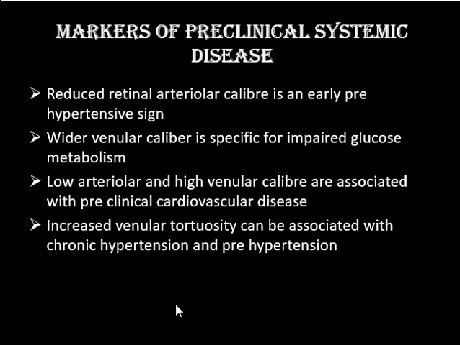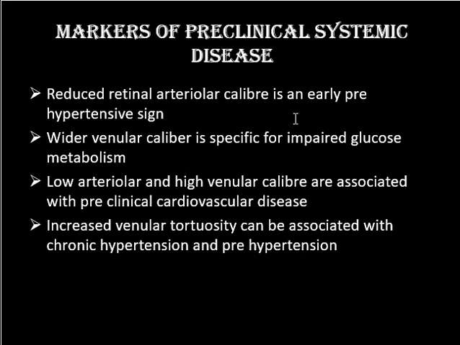Now these are the markers of preclinical systemic disease, the preclinical systemic hypertension. So sometimes you see the fundi of the patients, and they have these features, and you need to refer the patient to the internist for the management of hypertension.